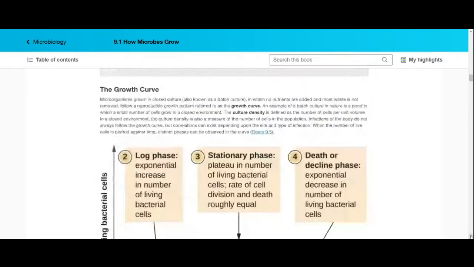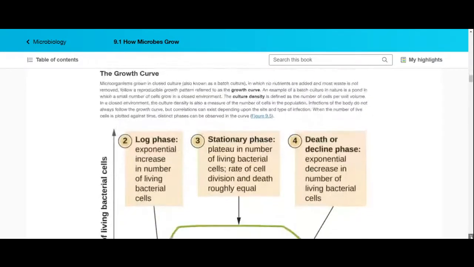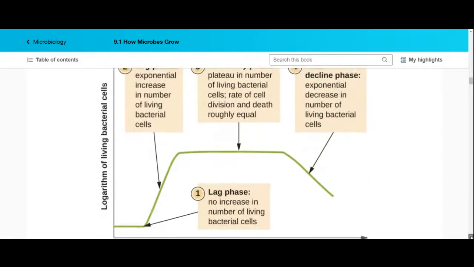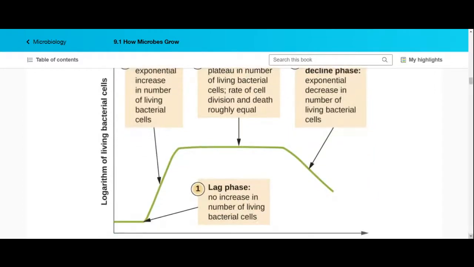Now, when we look at a bacterial growth curve, this is what we see. This is a logarithmic growth. At first, when we get ready to subculture and we introduce that culture into a new tube or a new growth medium, we have what's called the lag phase.